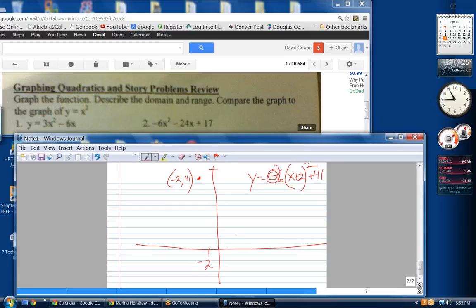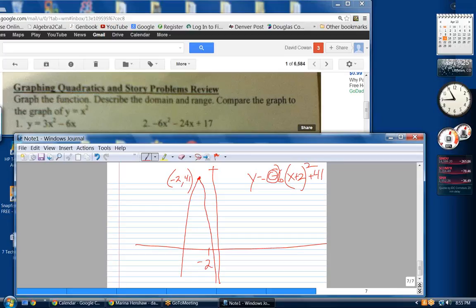And then I see that it goes down. How much skinnier is it than a regular parabola? Six times, because it's negative 6. So this thing's going to be really skinny like that.